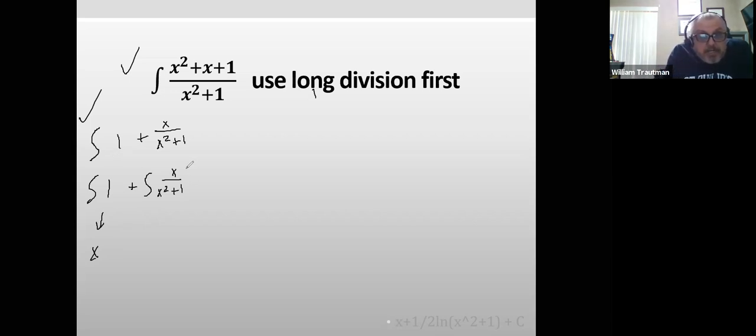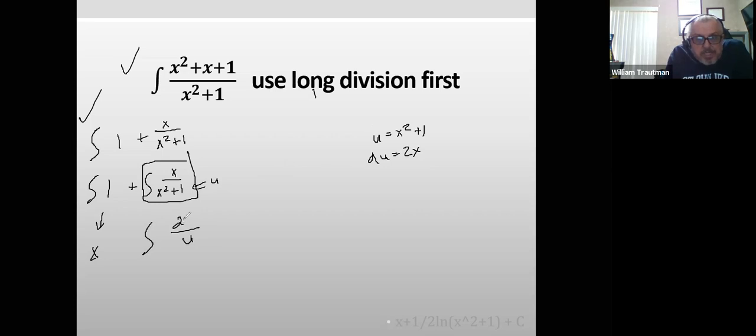And now integrating this part, so we're just going to do this separate. And u is x squared plus 1. Do you see the bottom? I'm creating the bottom as u because the top is 1 power less. du is 2x. So we are integrating u and du, which is 2x.